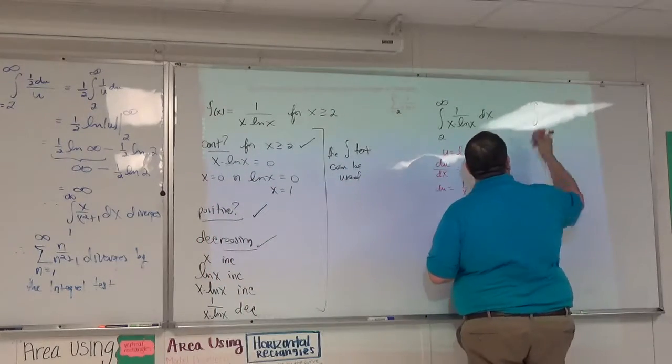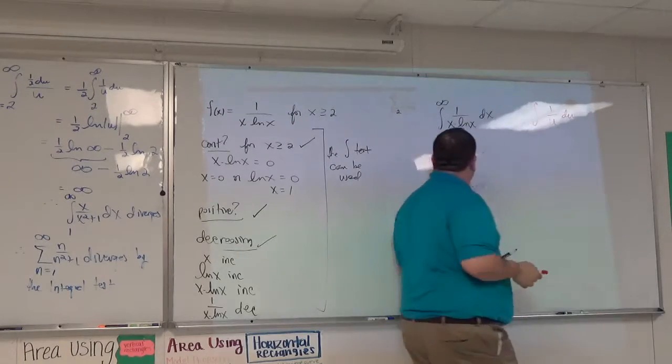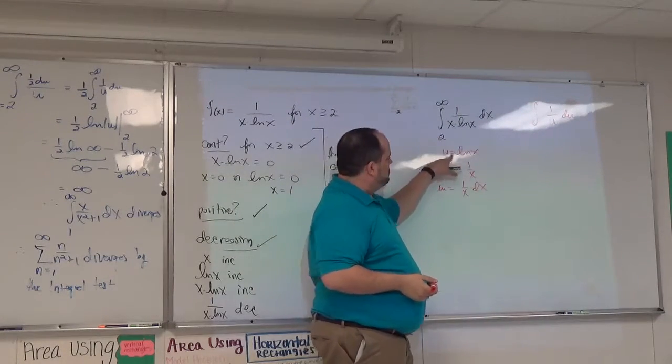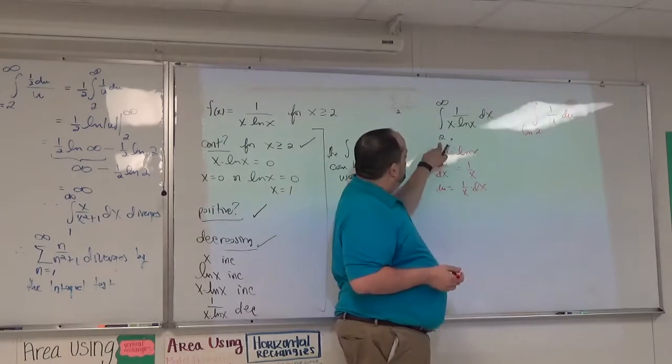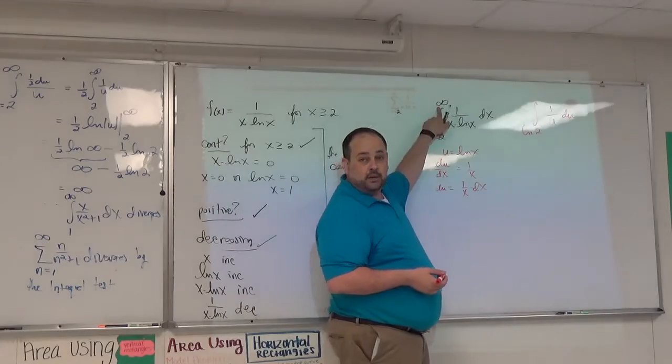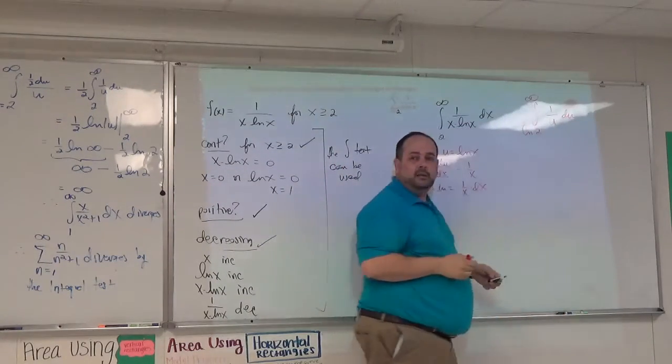My integral is now 1 over u du. The lower limit is the natural log of 2. My upper limit is infinity, since the natural log of infinity is infinity.